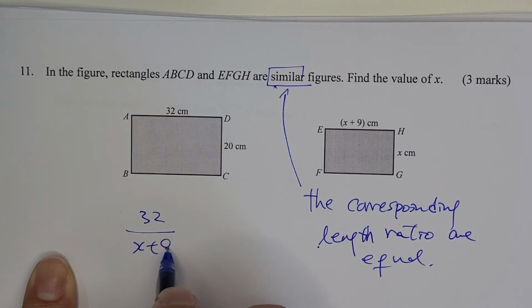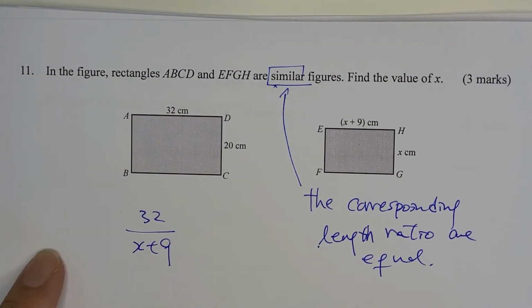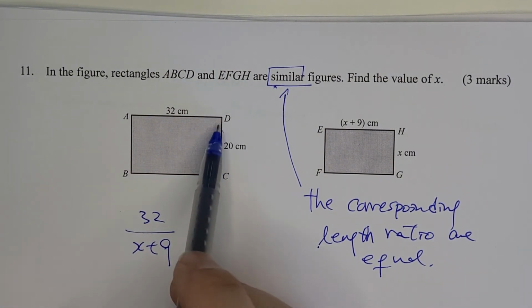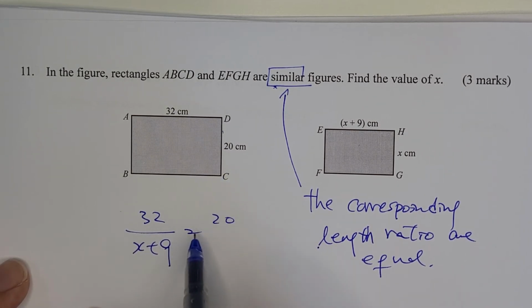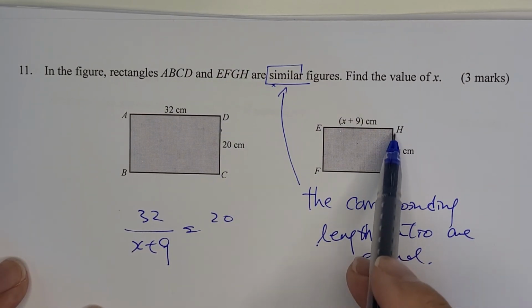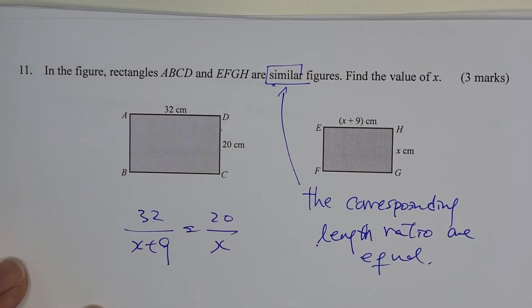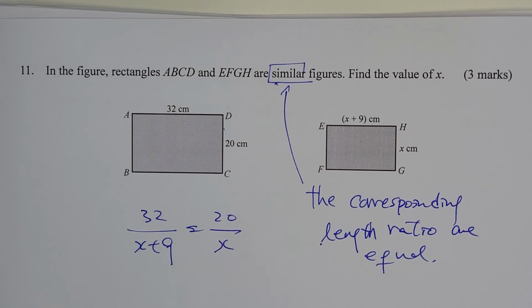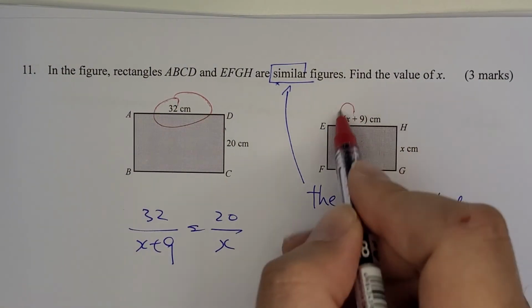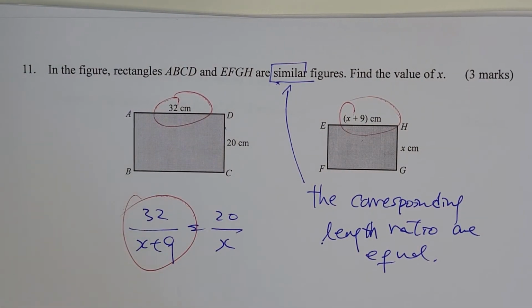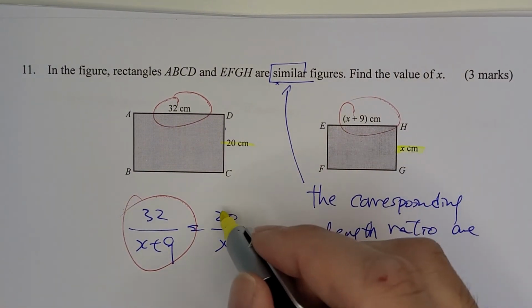x plus 9, and the corresponding breadth of the big rectangle is 20, and the corresponding breadth of the small rectangle is x. Then you have the equation here, 32 over x plus 9 equals 20 over x.